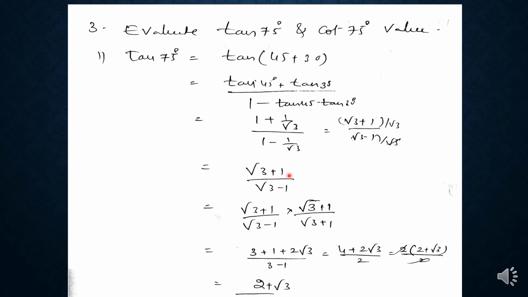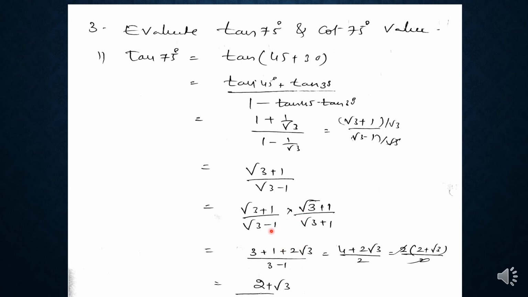So that is tan 75. To simplify this, by rationalization, multiplying and dividing with root 3 plus 1, we'll get root 3 plus 1 by root 3 minus 1 into root 3 plus 1 by root 3 plus 1. In the numerator this can be written as root 3 plus 1 whole square, that is 3 plus 1 plus 2 root 3.